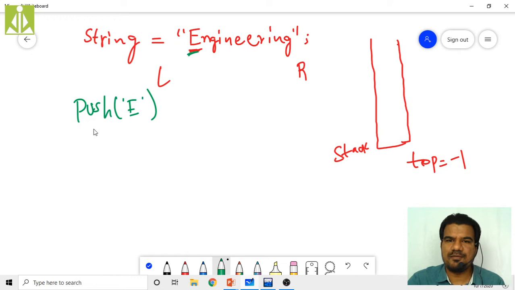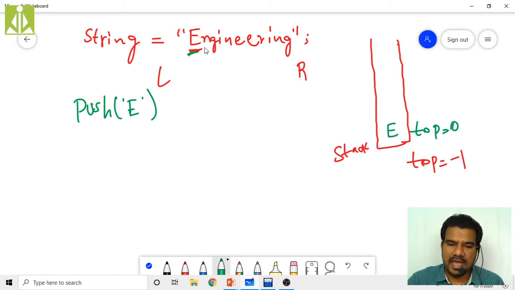Push is performed on the stack only, isn't it? So this E will be pushed on top of the stack. The push operation will increment the top value and push that E at that location. So top will become 0 now, and E will come over here.